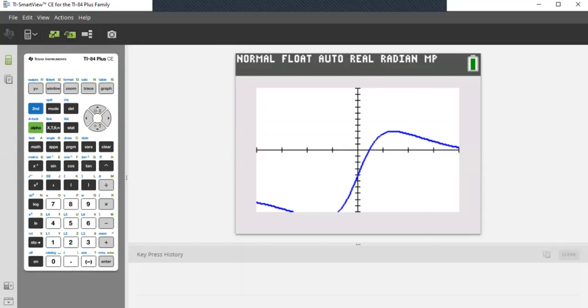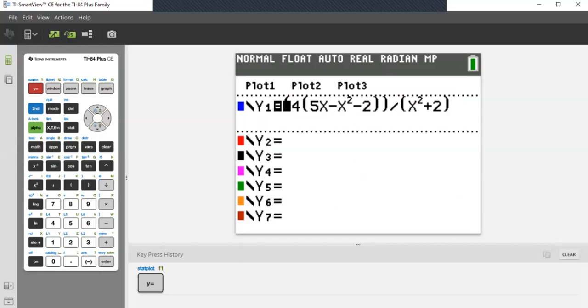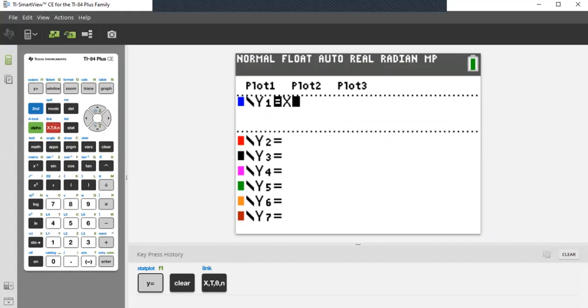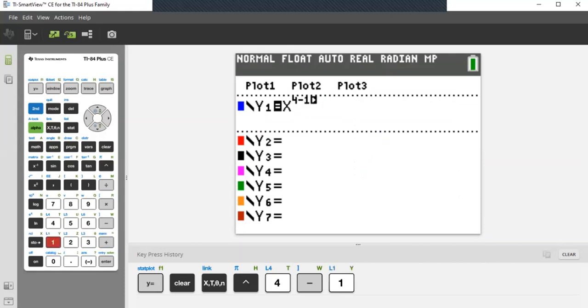So what I want to do now is I want to graph something that has degree 4. So I'm going to go to my y equals menu, and we'll do something like x to the 4th, minus, let's do, oops, okay, 4, and then I need to get out of the exponent.